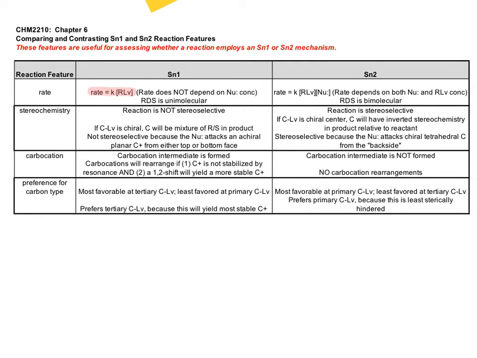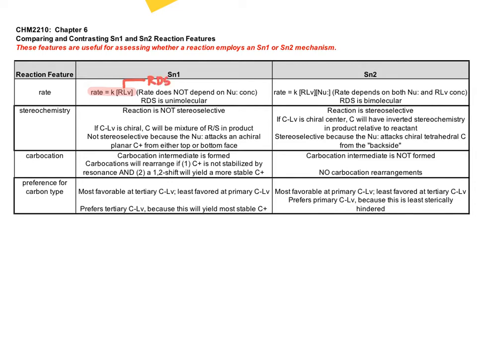In other words, you can change the concentration of the nucleophile all day, up, down, all around, and you're not going to change the overall rate of the reaction because the rate limiting step of the SN1 reaction is that first step of the mechanism where the leaving group breaks away from the electrophile, and so therefore the reaction rate is dependent only on that step.